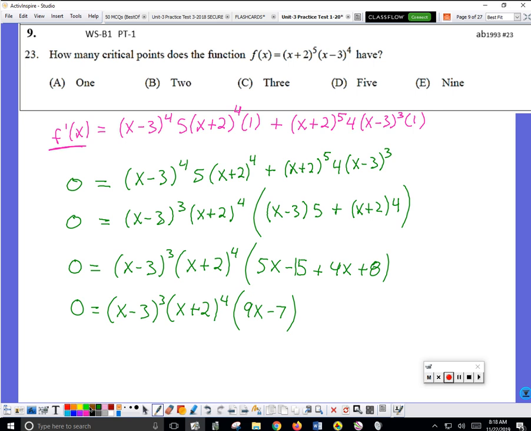Because I have a factor times a factor times a factor, and it has to equal 0. So what has to be true of the factors? There are only going to be 3 zeros for that. Now remember, in this equation, x doesn't take on multiple values all at once.